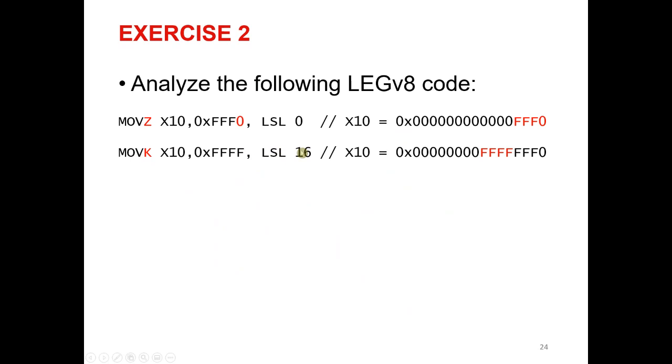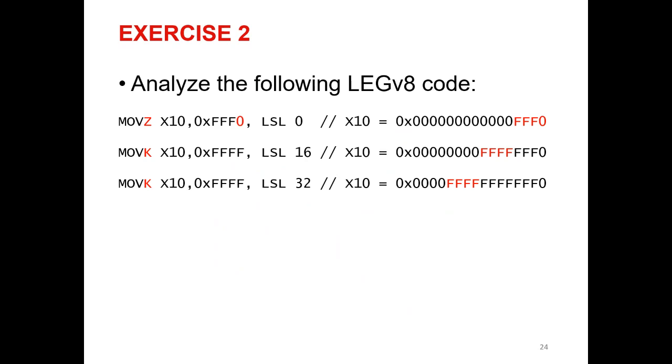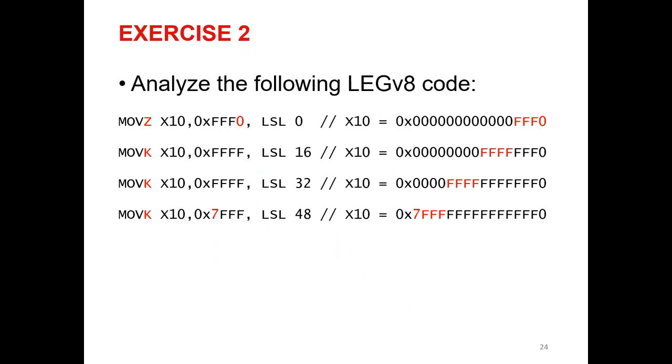In this case we are modifying the second quarter, and we are putting all f there. And then we are doing the same with the third and the fourth quarter of the register. In the final one, instead of all being f, we are adding this 7fff. And now the loops start.